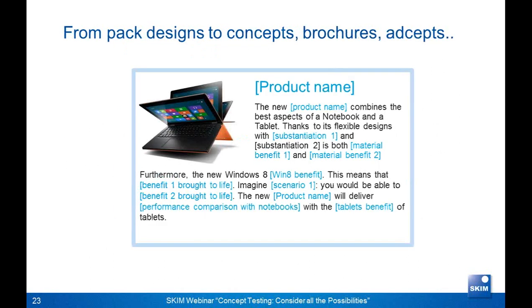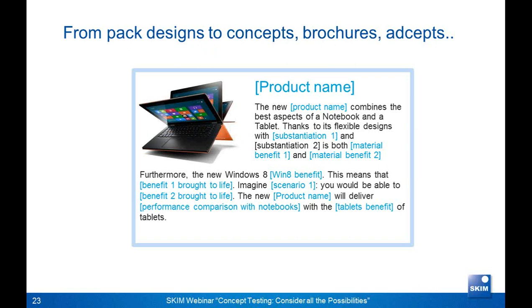And finally, during this webinar, I used an example from a pack design optimization problem. However, what is applied to pack designs can also be applied to concepts, brochures, and ad concepts. For example, here you would see an example of a product concept.